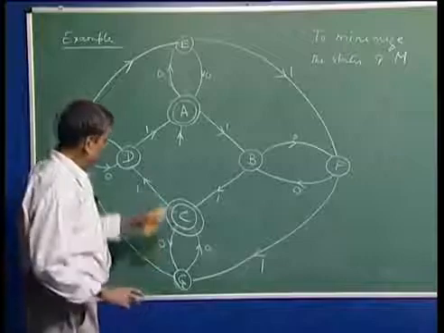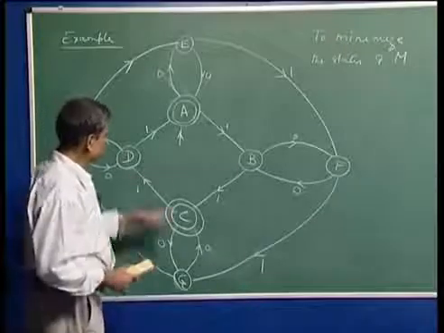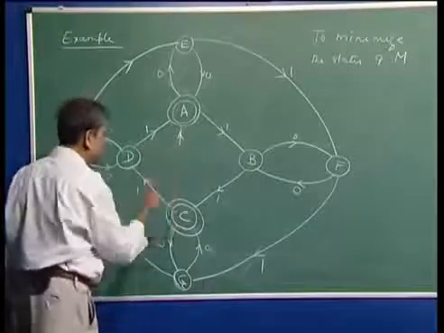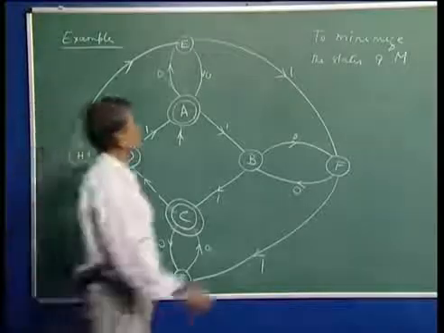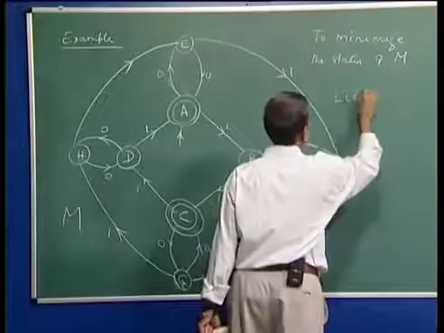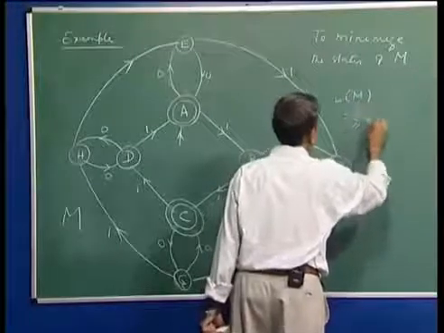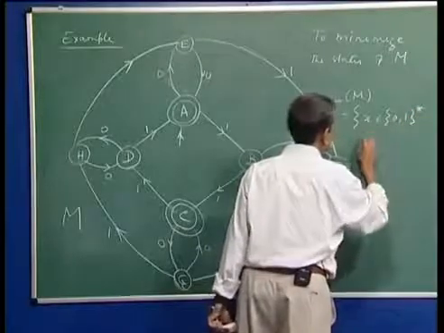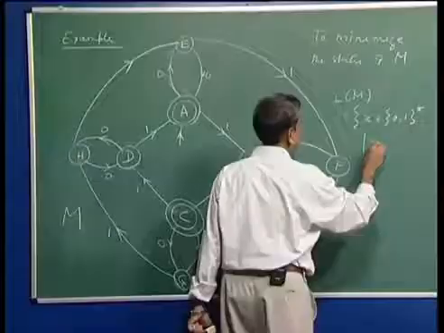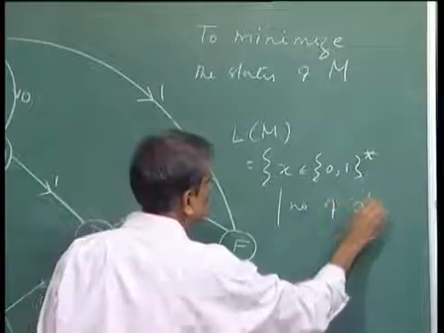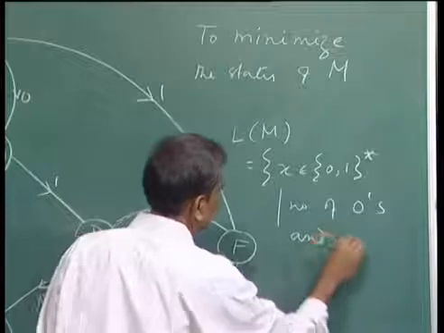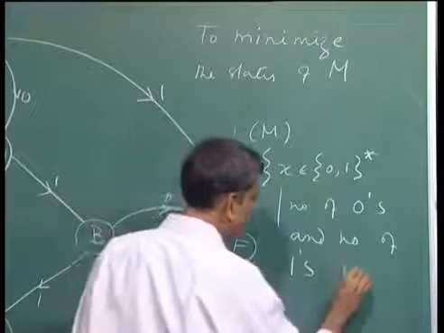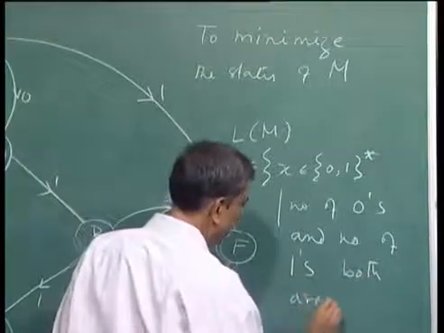And if we consider it a little carefully, it is quite clear, because we are accepting here and here, that means the language accepted by M will be the set of all strings in {0,1}* such that the number of zeros and the number of ones both are even.